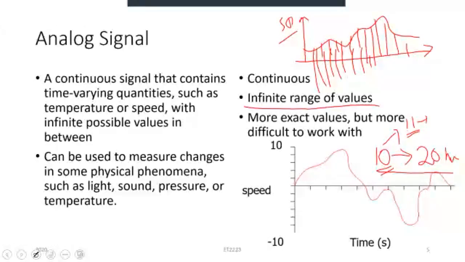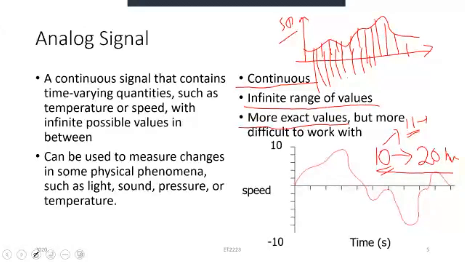And also because they have these infinite ranges of values and these continuous values all along a period of time, we will have more exact values in such a system.